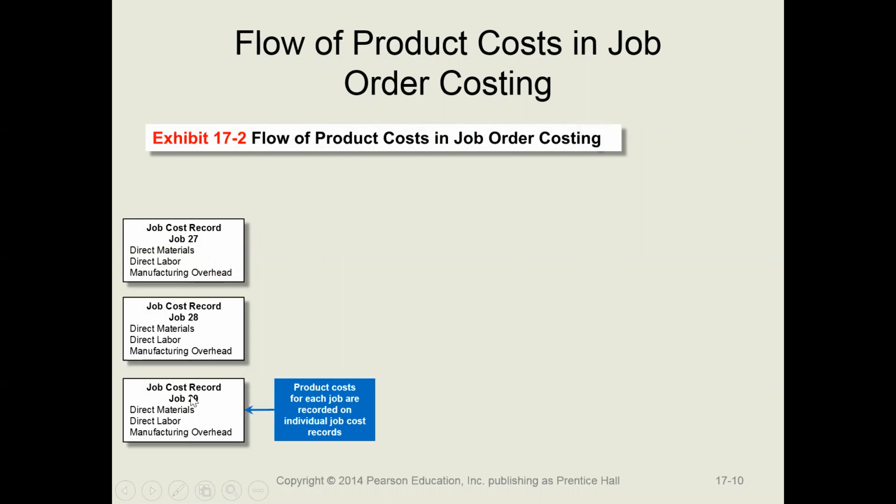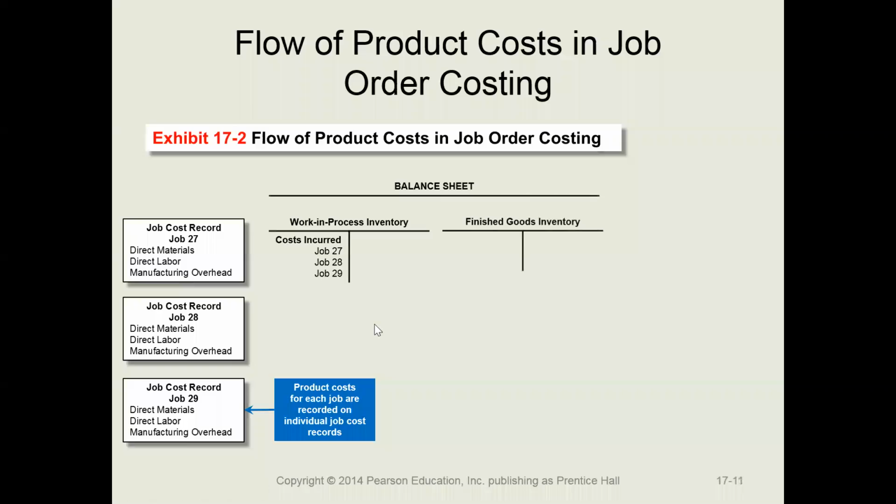And notice again the three different types of costs that go into manufacturing costs: direct materials, direct labor, and manufacturing overhead. So you separately keep track of those on separate records or job cards or job cost records. Okay, so they're individually recorded by jobs.